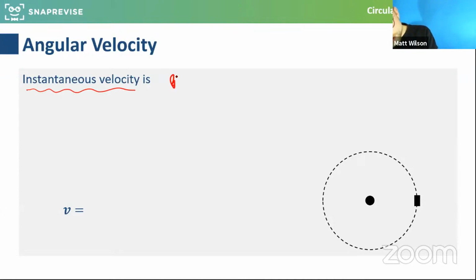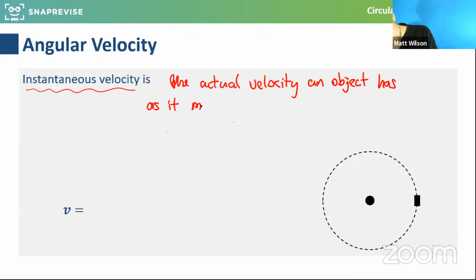And this is the actual velocity in the normal sense an object has as it moves in a circle. Perfect. Okay, so we have a formula for this. Feel free to type it in the chat if you know the formula.